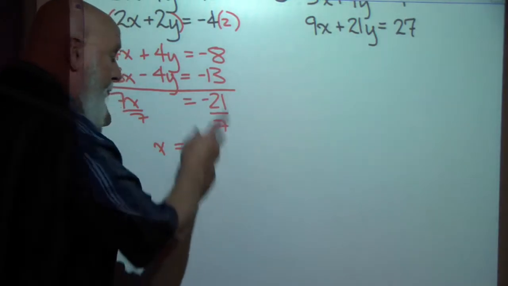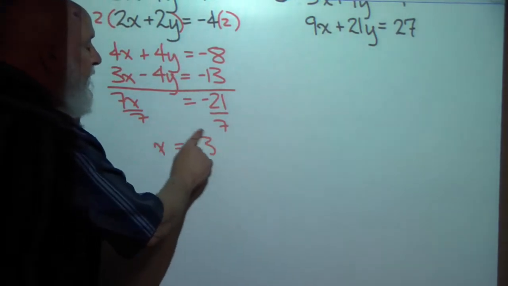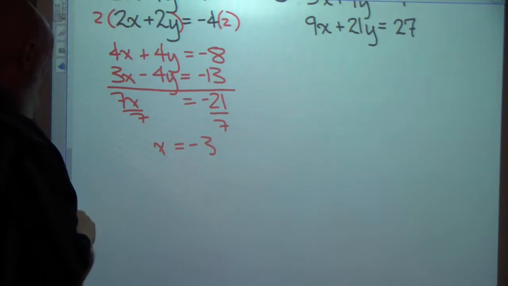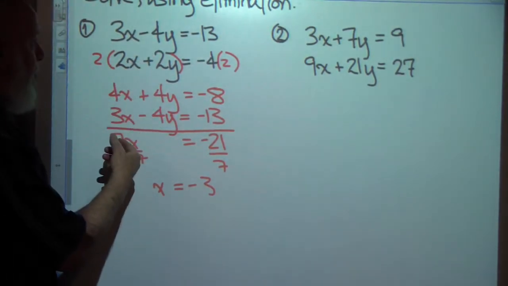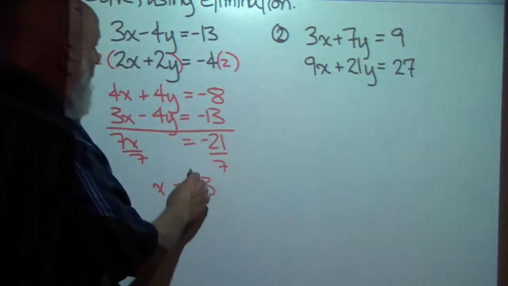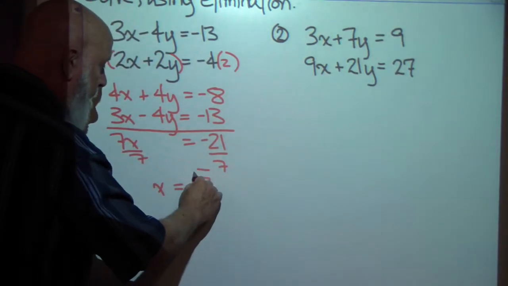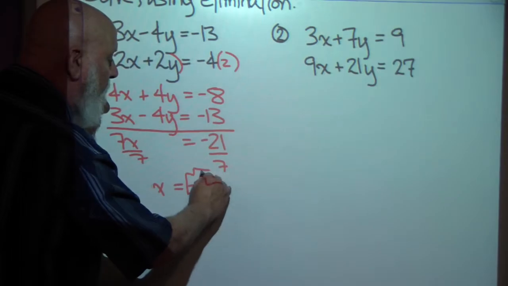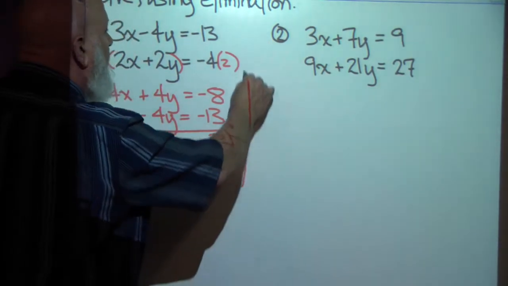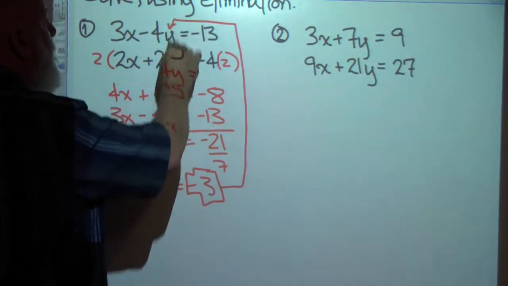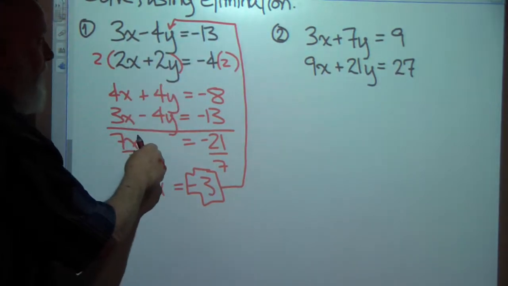The next step up there says plug this value into any equation you want. Pick the simplest one. Well, neither one of these is any simpler than the other. So I'll just randomly pick one. You can plug it into any equation as long as it has two variables in it. I'm going to plug it in right here. You could plug it into this one just as easily.